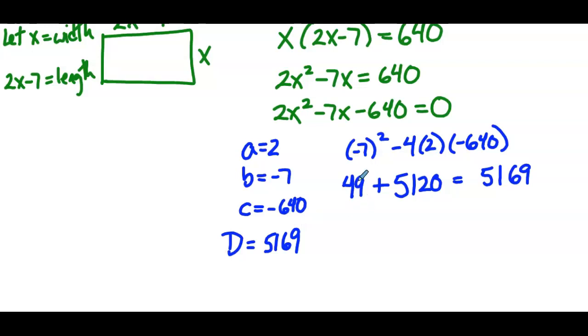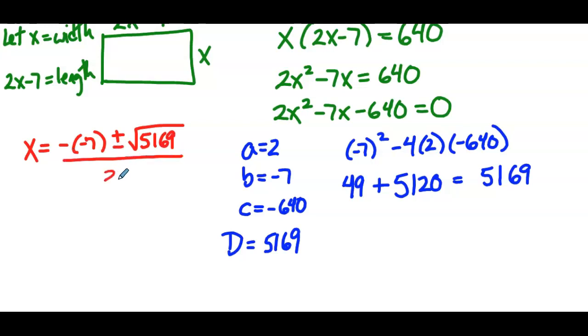So now we're going to use the quadratic formula. So that's going to be x equals negative b, so the negation of negative 7, plus or minus the square root of our discriminant, 5,169, all over 2a. Now the nice part about rounding to the nearest tenth is we don't have to worry about simplifying our square root here.